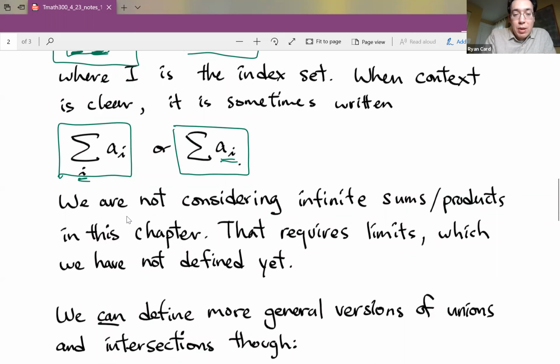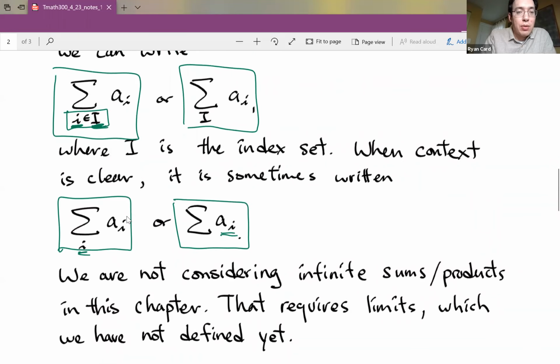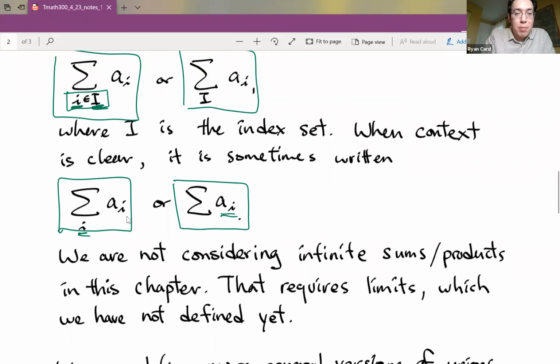Okay, we're not talking about infinite sums or products in this chapter because to do that, we have to use the idea of limits, and we haven't got there yet. I do intend to talk about limits, but maybe at the very end of this course, in the 10th week, when we're talking about real numbers.